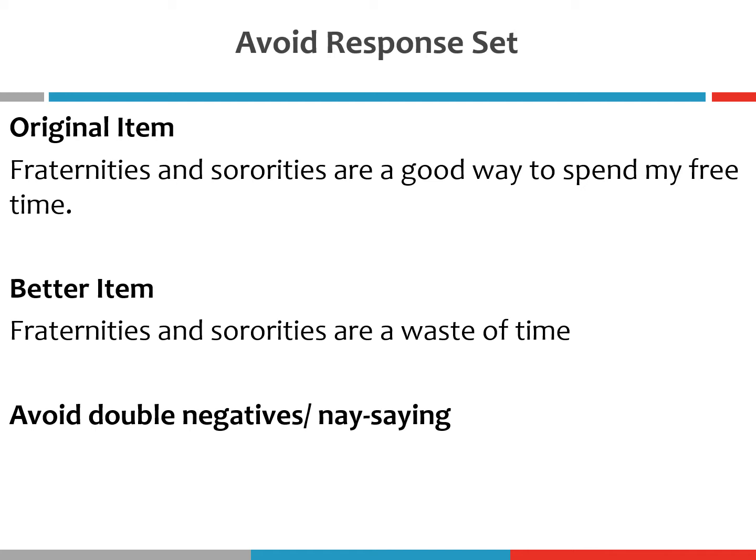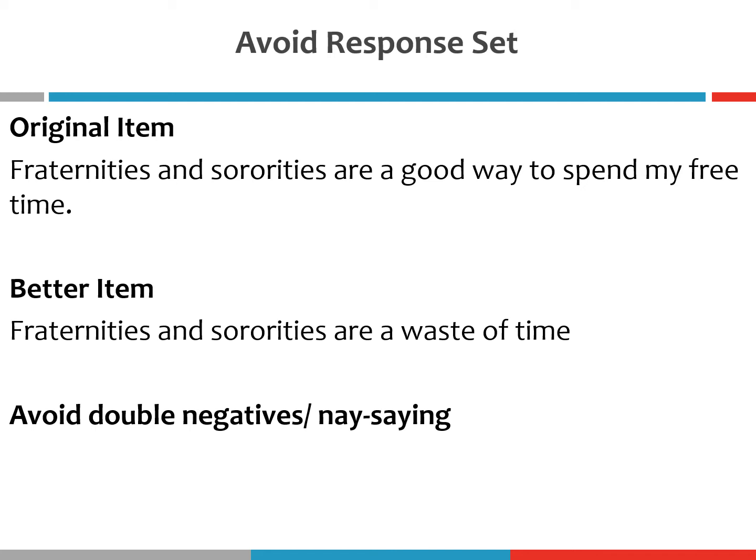So we wouldn't want to write a question that was something like, not joining a sorority is not a waste of time. Or, for example, if we were measuring whether our respondent believes that they will make friends by joining a sorority, right?